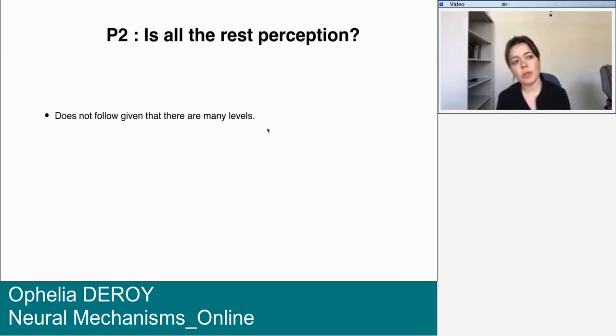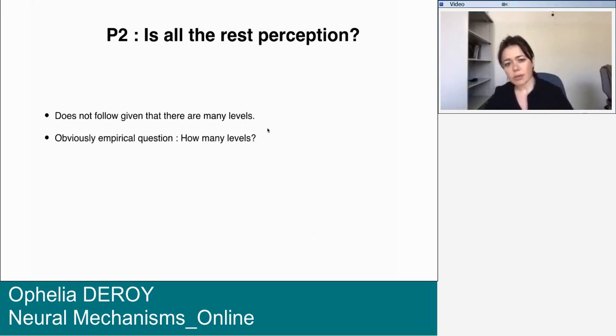Why? Because it would be a trivial implication if there were only two levels, and you wanted one to be cognition and the other to be perception. But here, according to the latest count, there are something between 5 and 7 levels of processing for visual scene perception, for instance. So the fact that you call the upper one thought or high-level cognition doesn't entail that the 6 others or the 4 others need to be called perceptual.